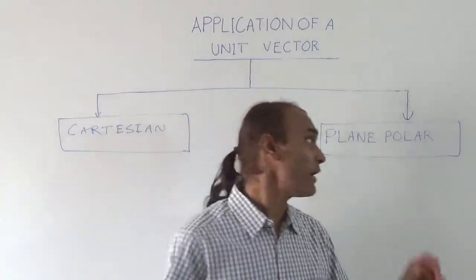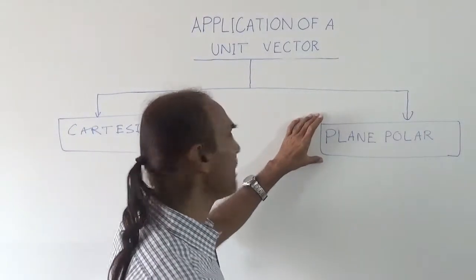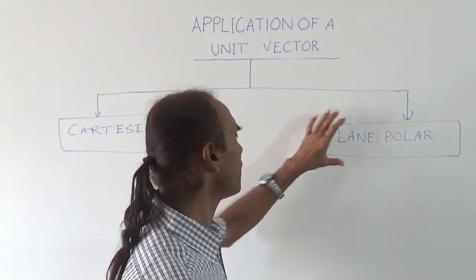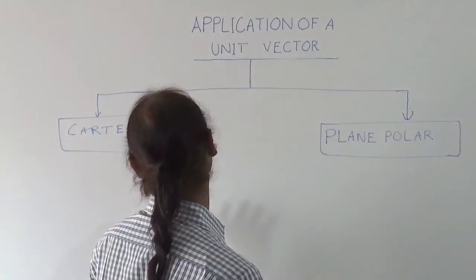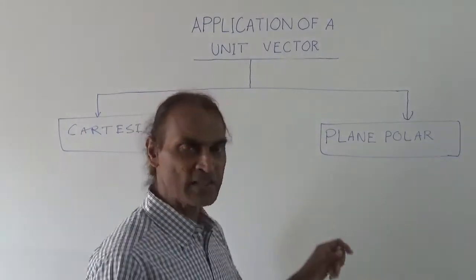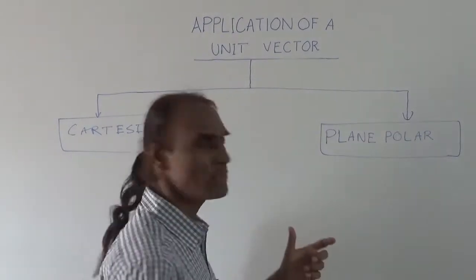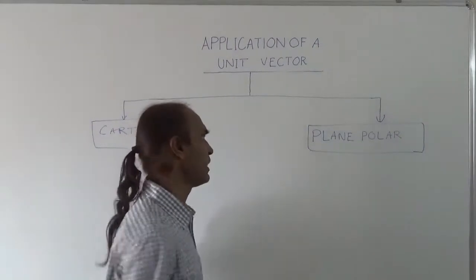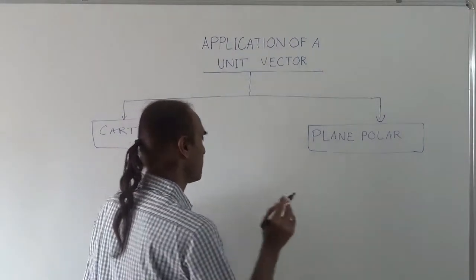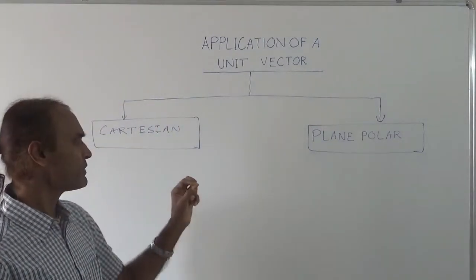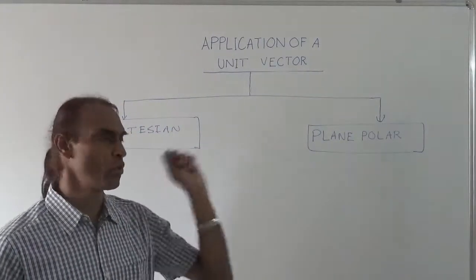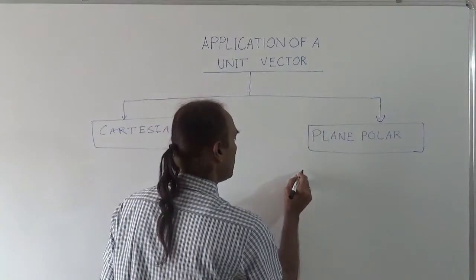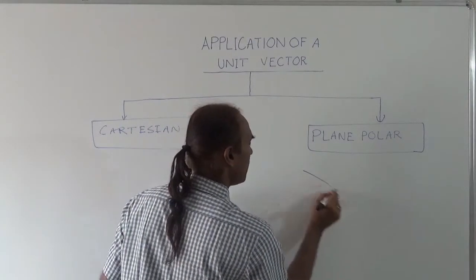Let's talk about the plane polar coordinate system. In the plane polar coordinate system, how to write the unit vectors? What are the symbols of the unit vectors? For this purpose, let us take a basic example. When you throw a stone, it moves in a curve.